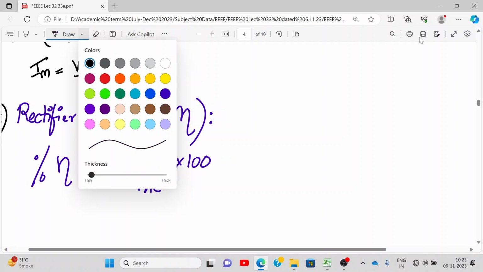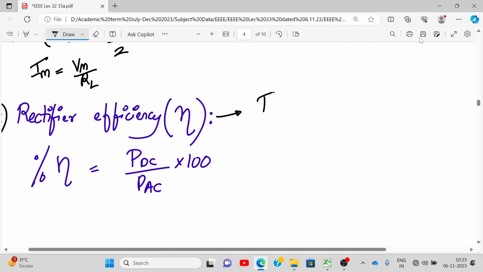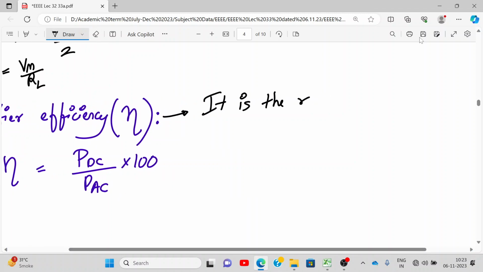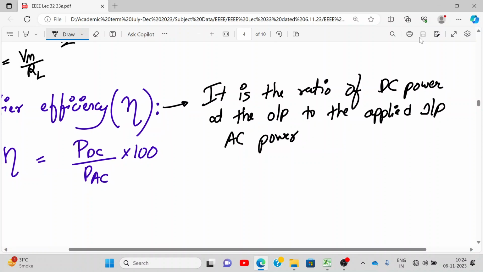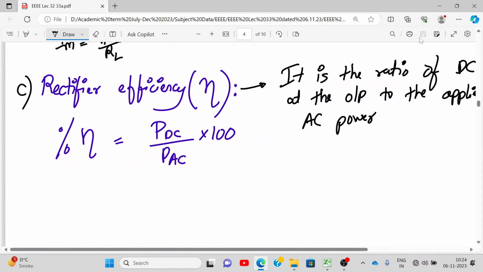Write down. It is the ratio of DC power available at the output to the applied input AC power.